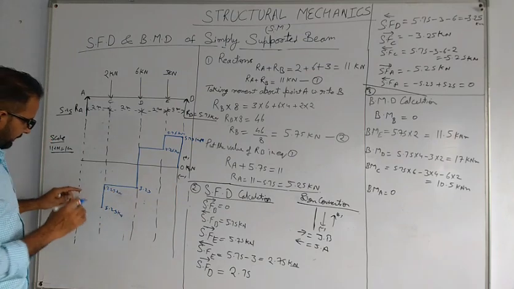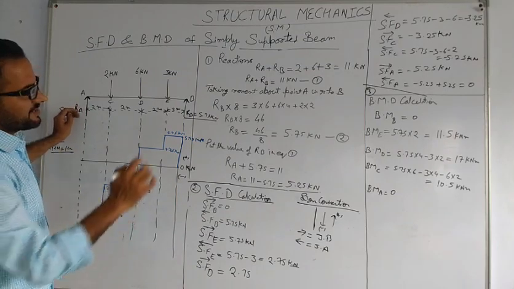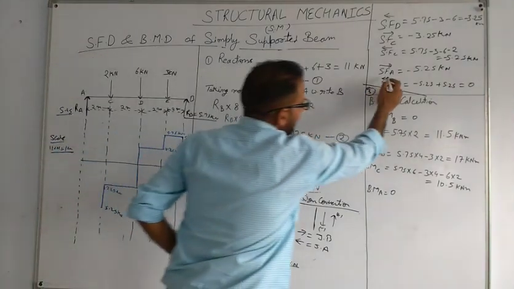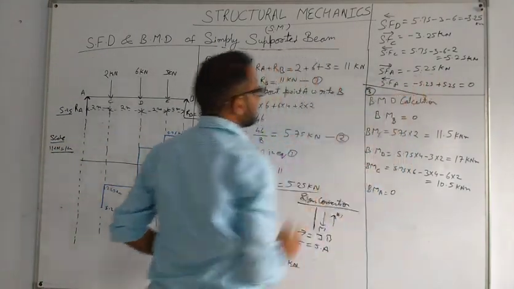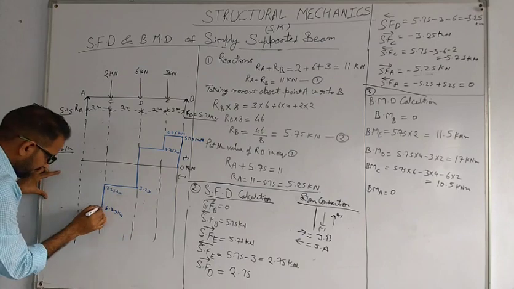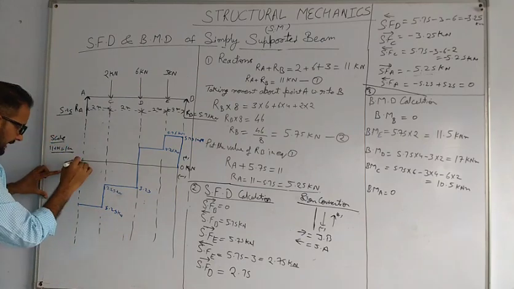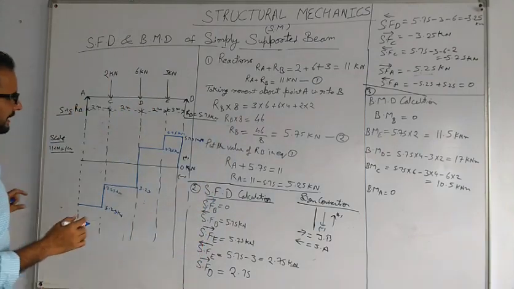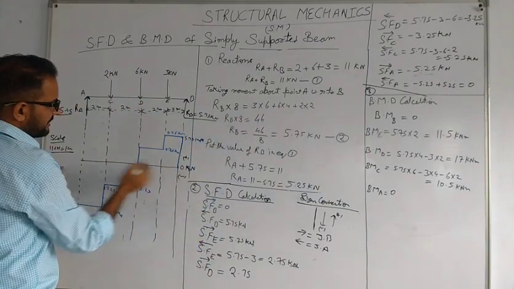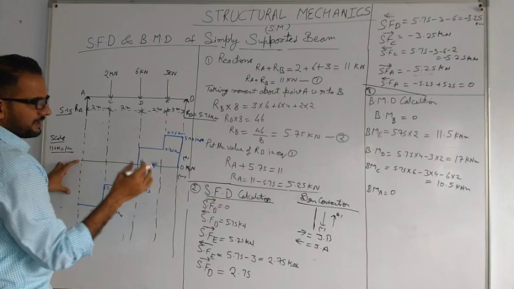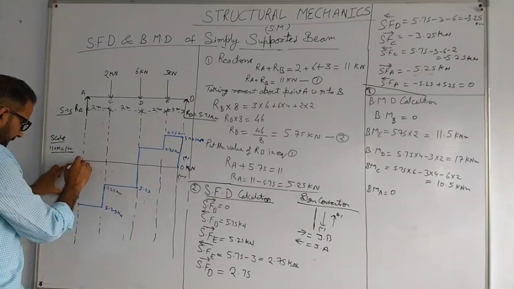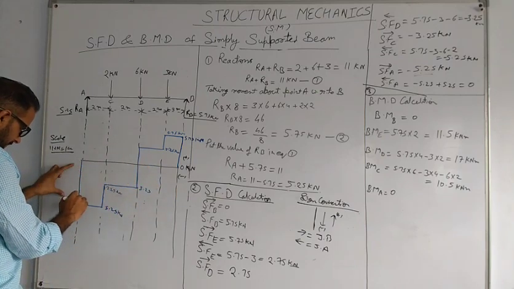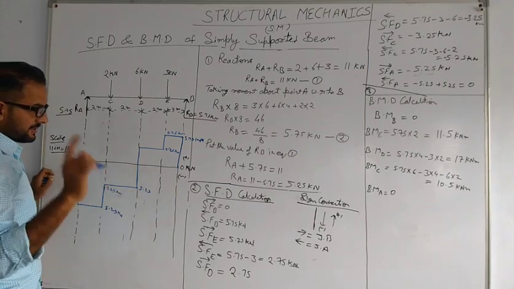At point A, just before, shear force is 5.25 kilonewton, and shear force at point A just after is 0, as I have said, because at the support the shear force will be 0. So here is the shear force diagram.